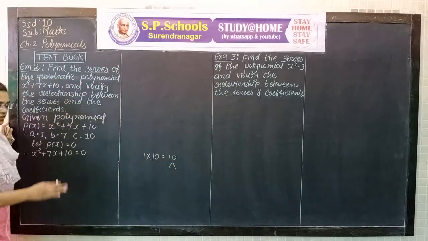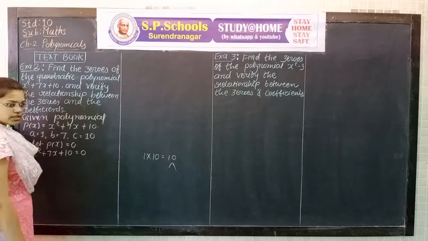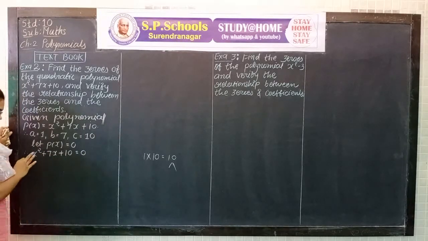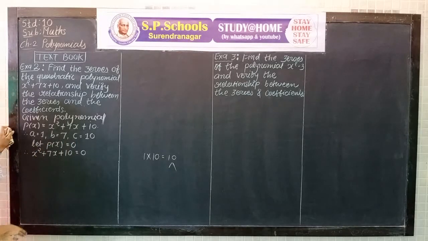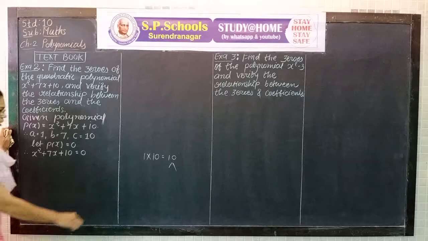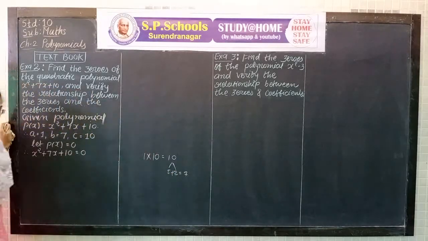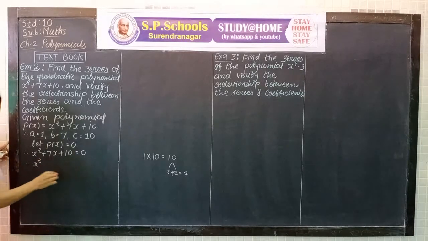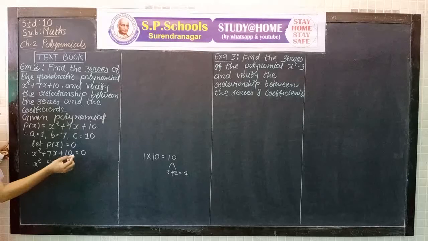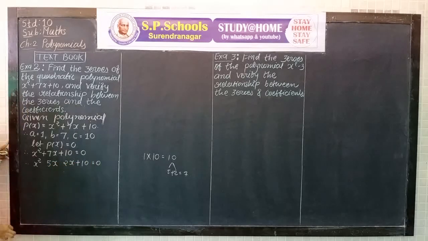We need to find factors of 10 whose addition is 7 and whose multiplication is 10. Why addition? Because the first and last term are in the same sign. That's why we can use here the rule of addition. 5 twos are 10. 5 plus 2 is 7. 5 multiplied by 2 is 10. Therefore, x square remains as it is. First part is 5x. Second part is 2x plus 10 is equal to 0.